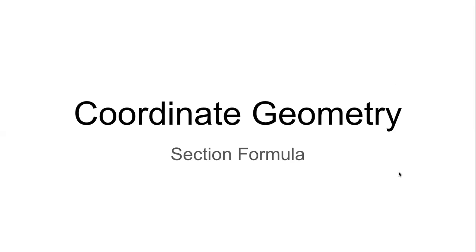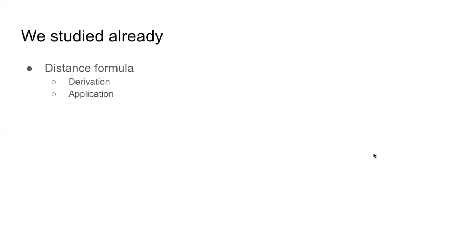In today's session, we will look at the second topic, which is called section formula. We have studied the distance formula, where we derived the distance formula, which looks like this.